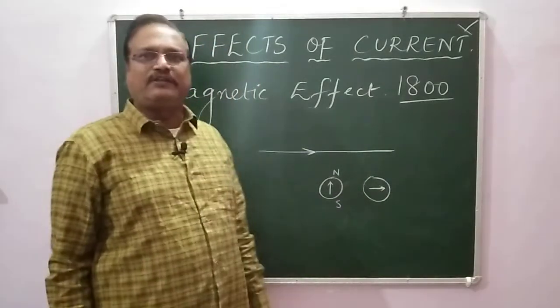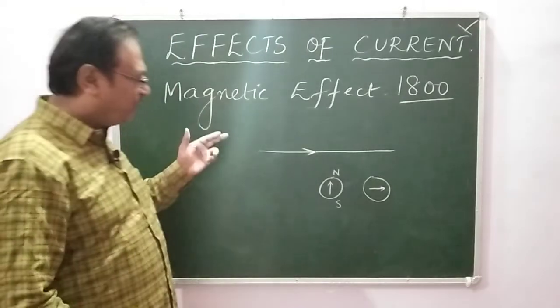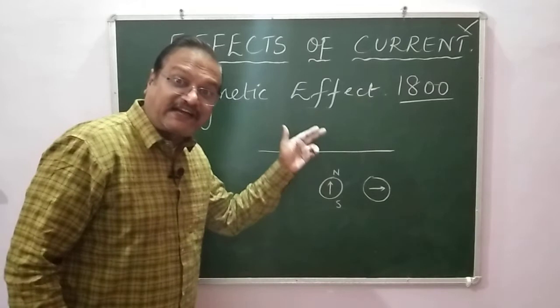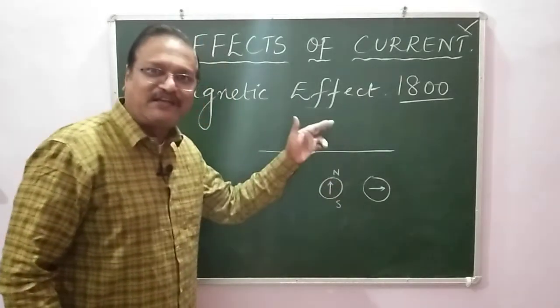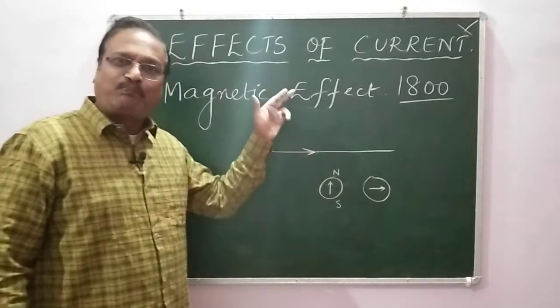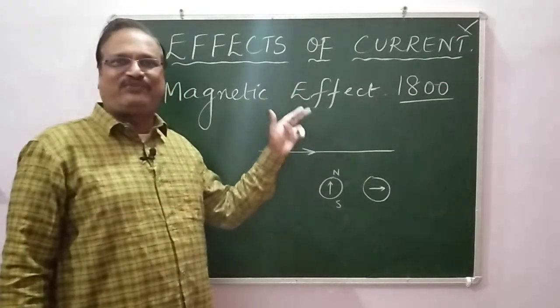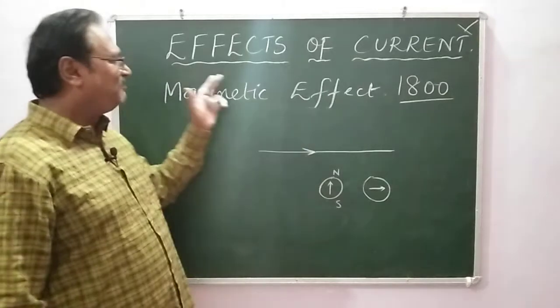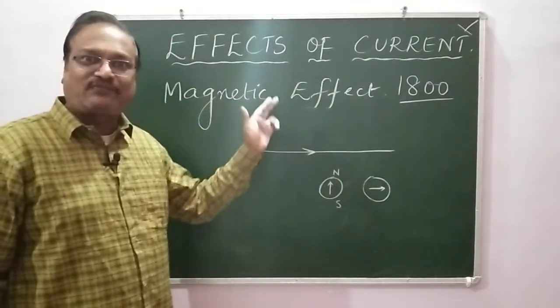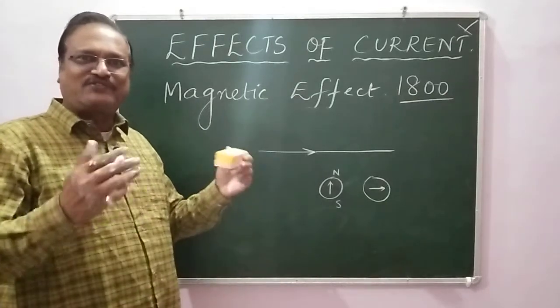Then he thought, that means whenever electric current is flowing, that electric current is producing a magnetic field, and that is called the magnetic effect of current. Who was the scientist?